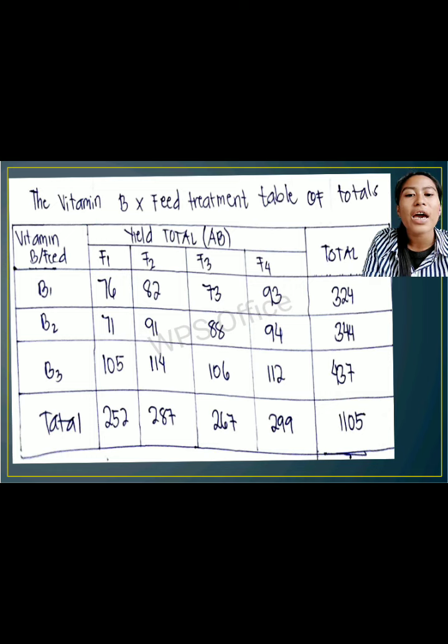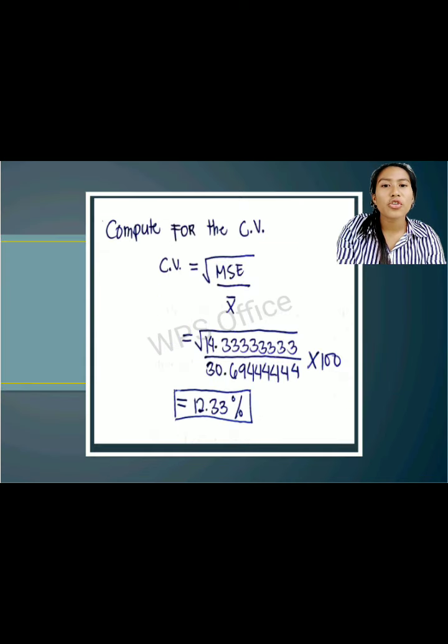And lastly, F sub 4, vitamin B sub 1 to B sub 3, we have 299. Then, the total of all columns and rows is 1,105.